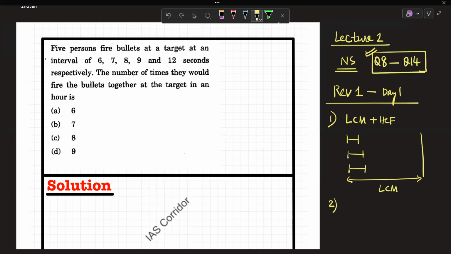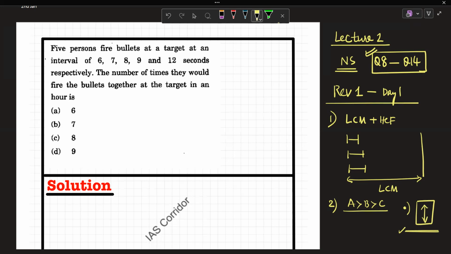In the rest of the questions, we just compared them, like A is greater than B, B is greater than C under certain conditions, and we found the order. One thing that I shared yesterday was that before reading the statements of a statement-based question, you have to read the question first to know what is the demand of the question.